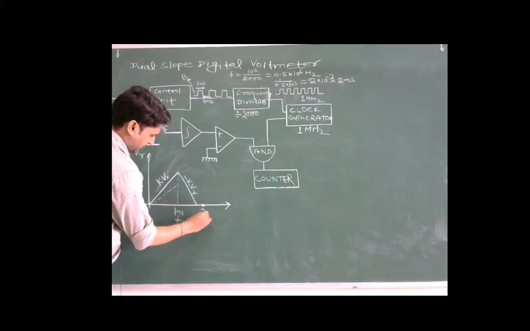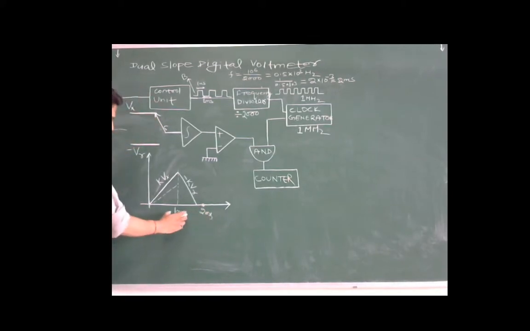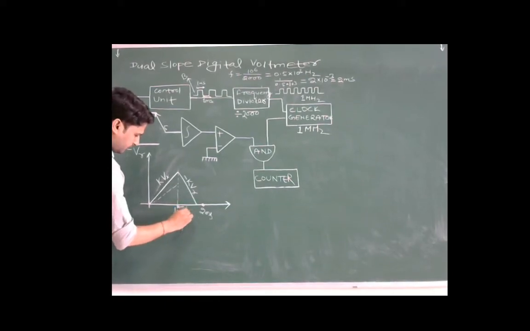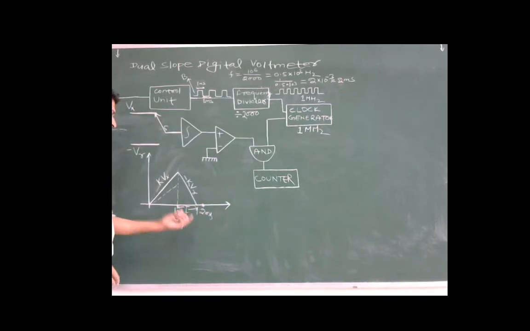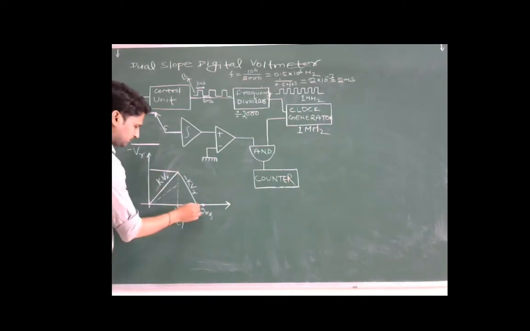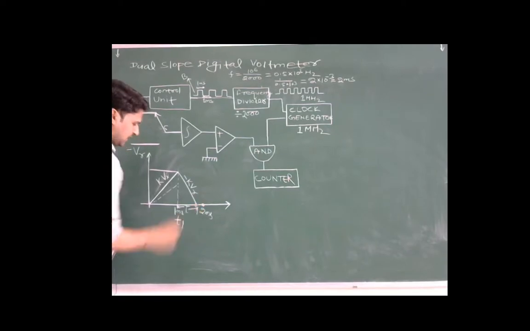Suppose in the first 1 millisecond, this switch will be connected to Vx, and in the other 1 millisecond, it will be connected to minus Vr. Suppose at some time interval, this is tau, in this time this signal has fallen from here to 0 before 1 millisecond.